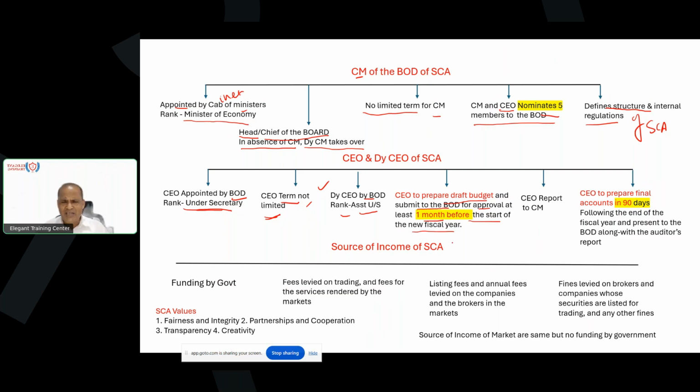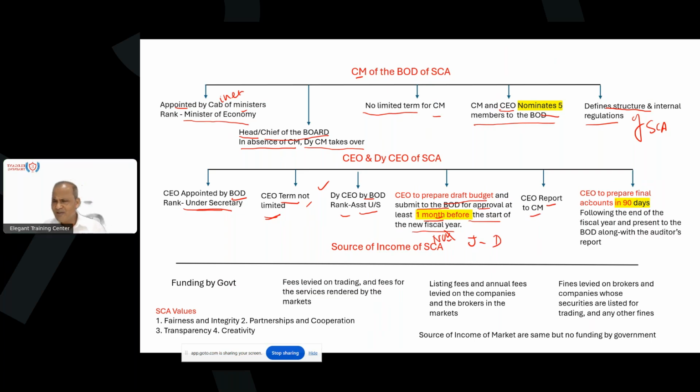So fiscal year generally January to December. It means by November, the budget should be ready and placed before the board for the approval. So who is preparing budget? CEO. Very good.